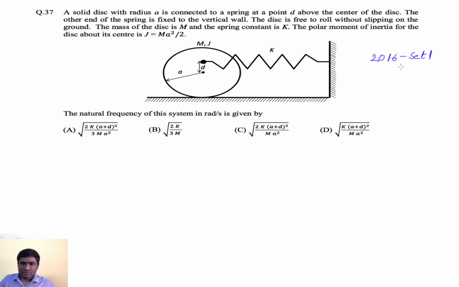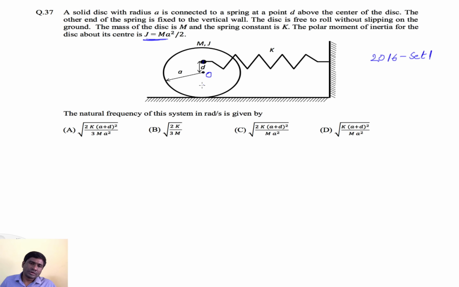This is also in 2016, and here this is the roller, and the moment of inertia of this roller about the point O, if I say this is a point O, has been given, and the stiffness and these dimensions I have given. Actually, the spring is attached not at the center O, but at a distance of d away from it.